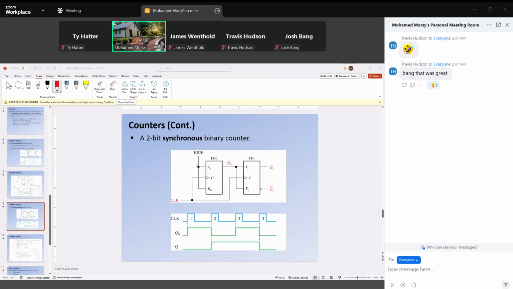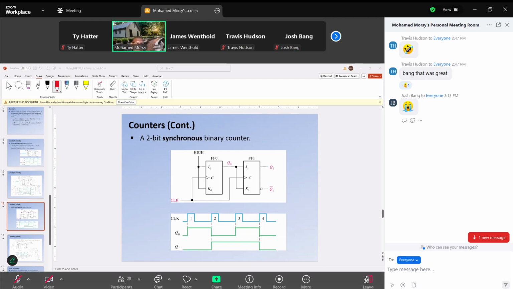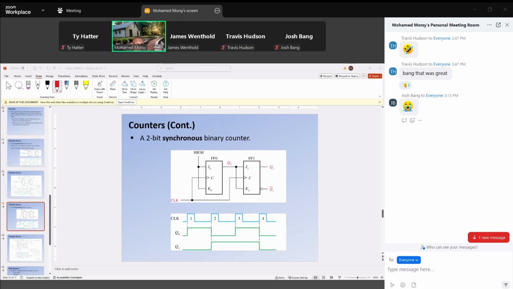Okay, so this is a T flip-flop. What is the second one? Is it also a T flip-flop?